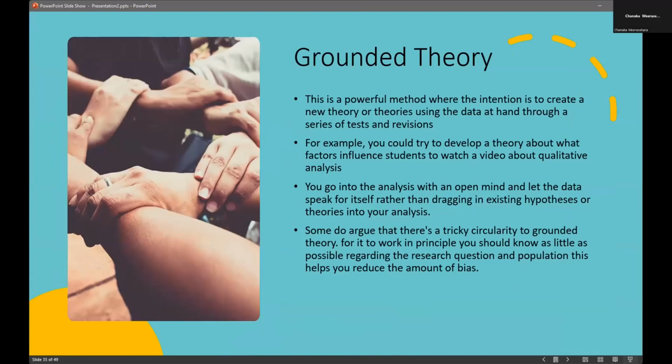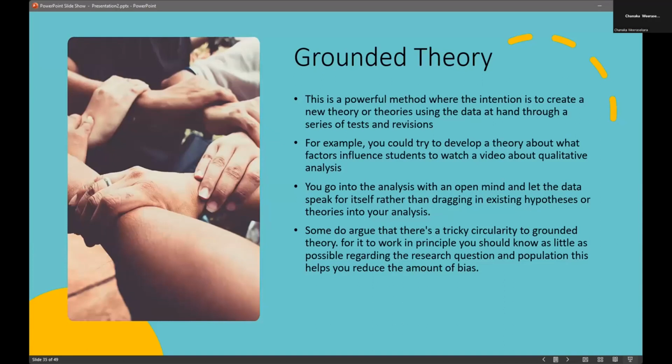We go to the society, or we go to the world, and we are trying to understand what is going on around us, trying to explain a certain phenomenon. What we do is we look at the world without predetermined assumptions, and then try to build it up from the ground. So that's basically grounded theory.